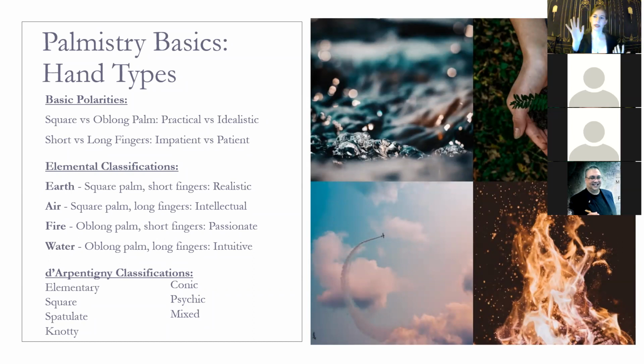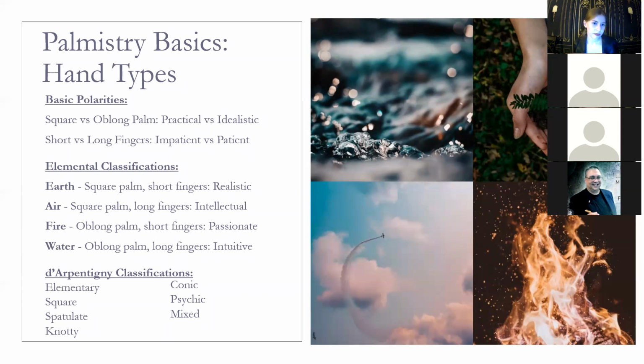So that's an intuitive hand type. That's someone who's more emotional, imaginative, sensitive, loyal, idealistic, possibly leaning towards introverted. And you would only really mention that if their palm were very oblong and if they had very long fingers.